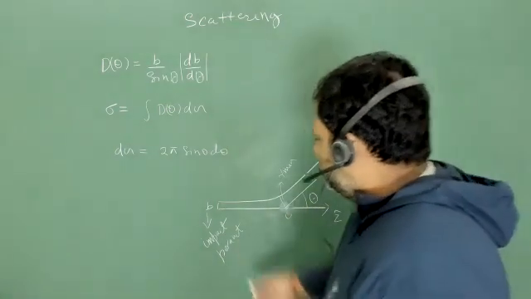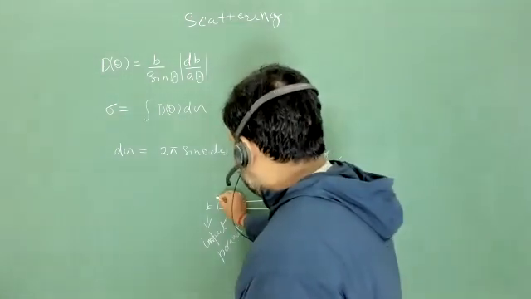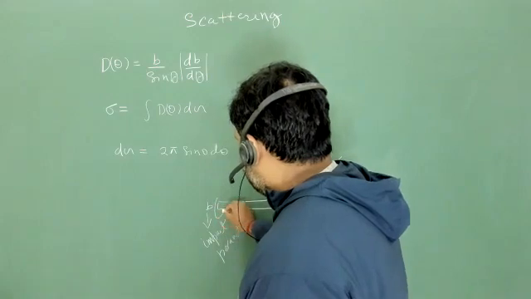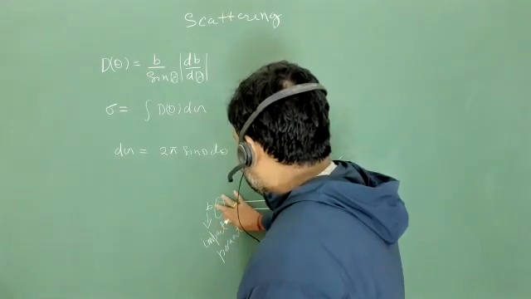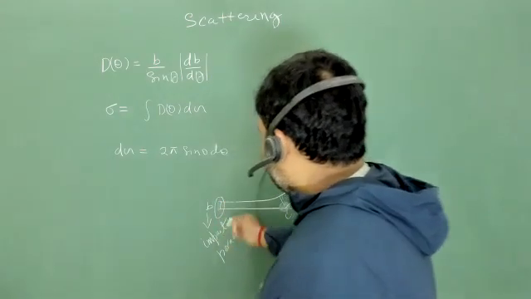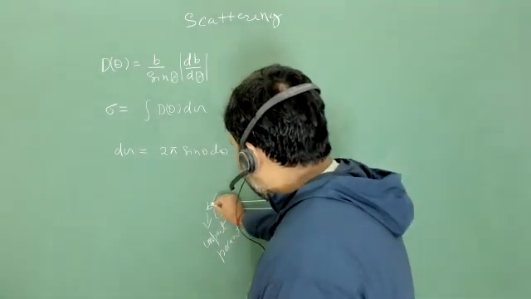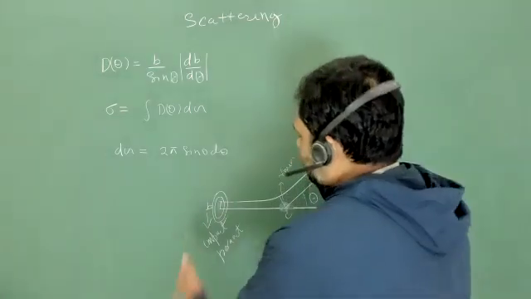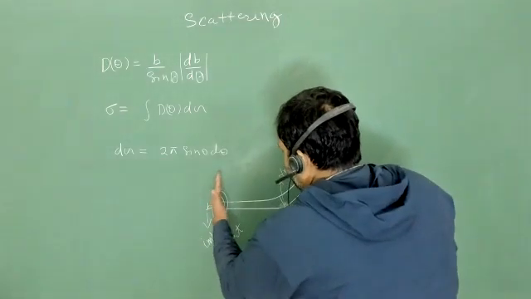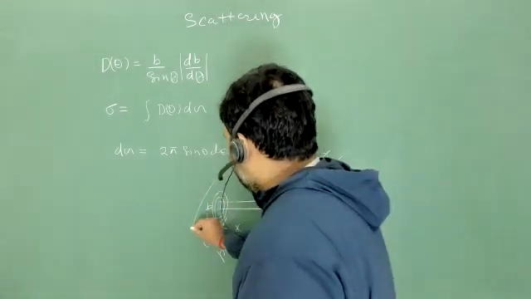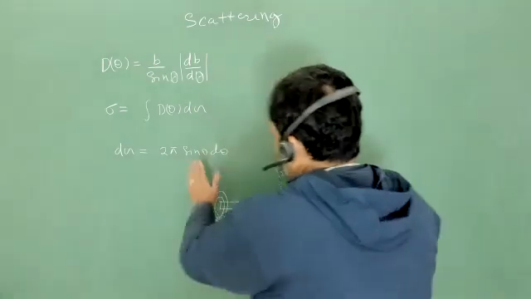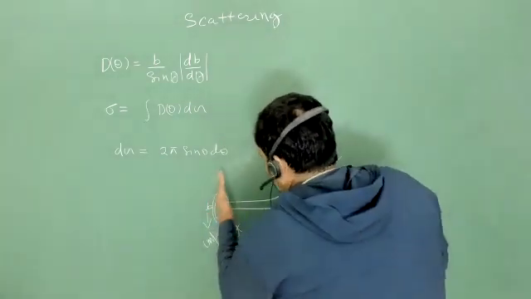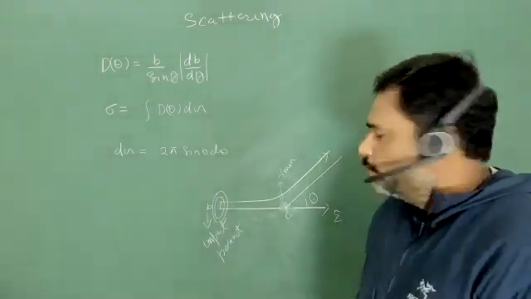And here we can have some cross section. You can just assume there is some cross section, and it is perpendicular to this particular board.